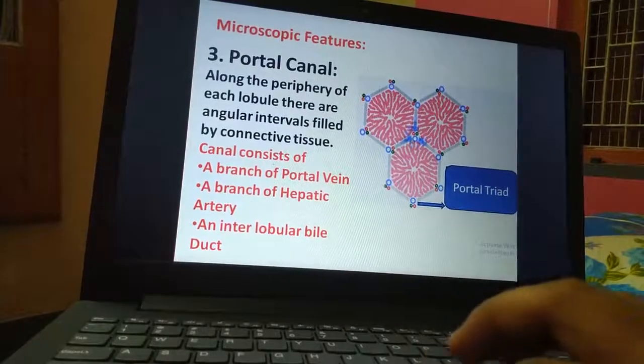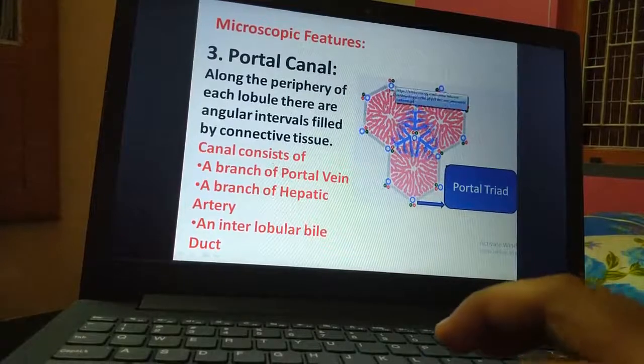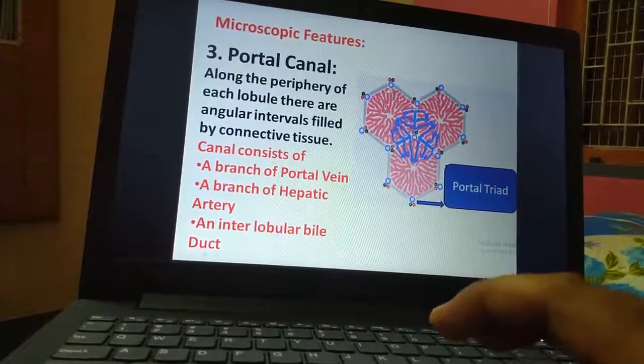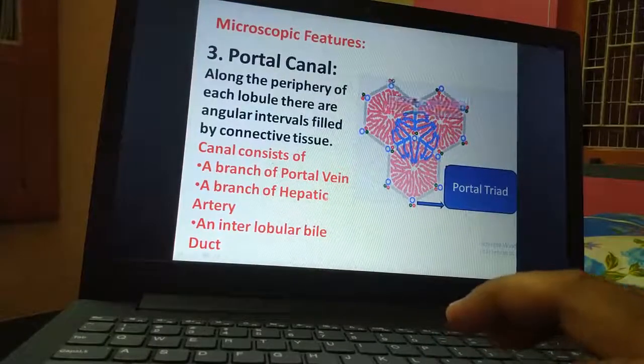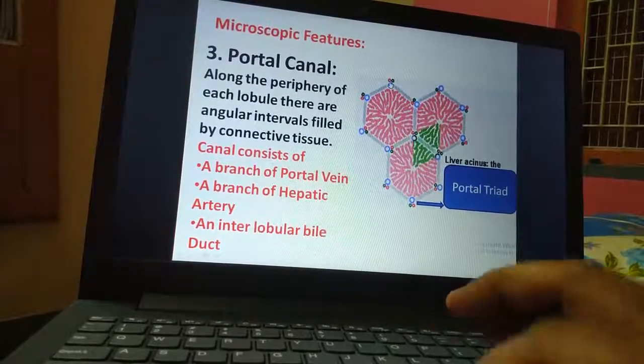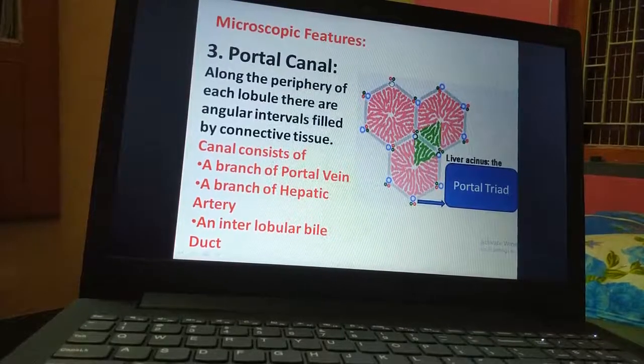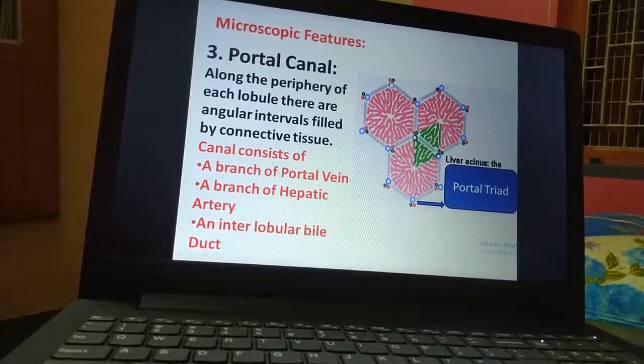Here you see the hexagonal structure. Each such structure has a portal canal, sorry, a portal triad. The three structures we observe are a branch of the portal vein, a branch of the hepatic artery, and the interlobular bile duct.